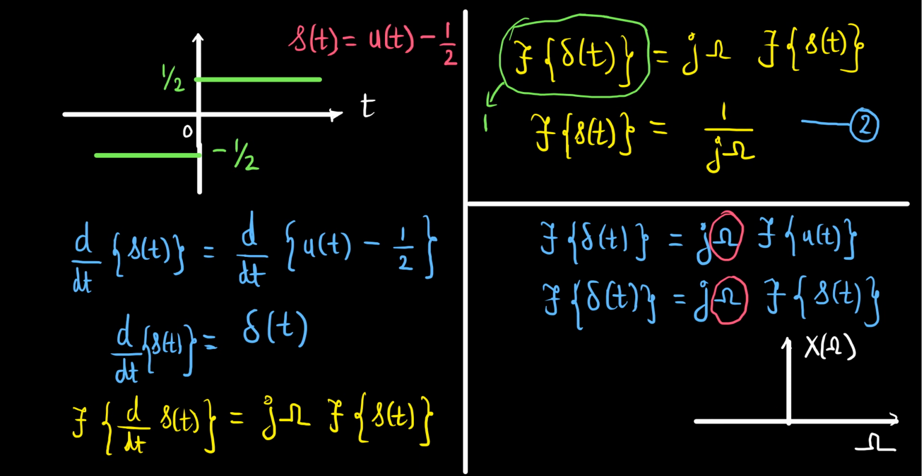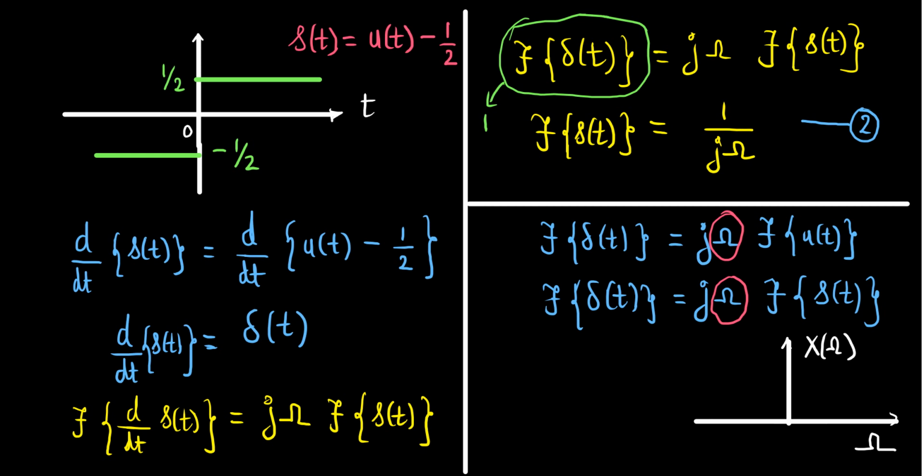But we know that there is some amount of DC, or average value, present in u of t. The average value of any signal is reflected in the Fourier domain at omega equals 0. If I have the Fourier transform of u of t, it must have a finite value at omega equals 0.